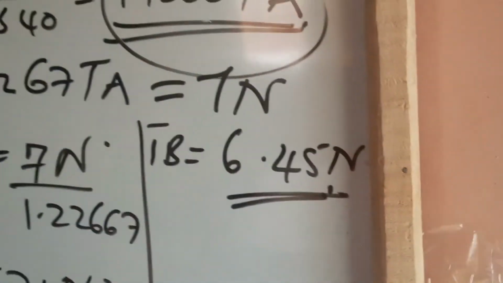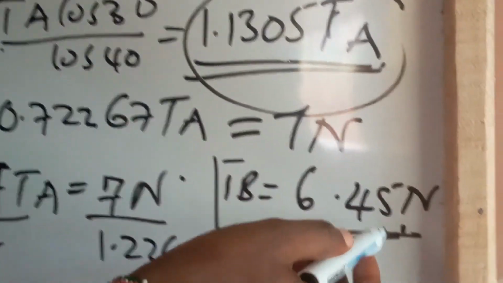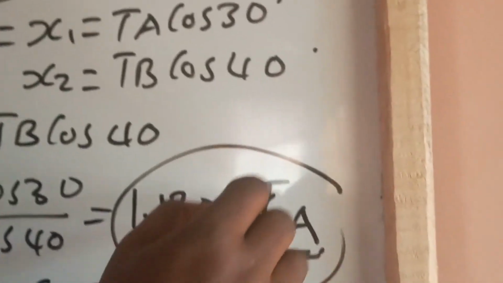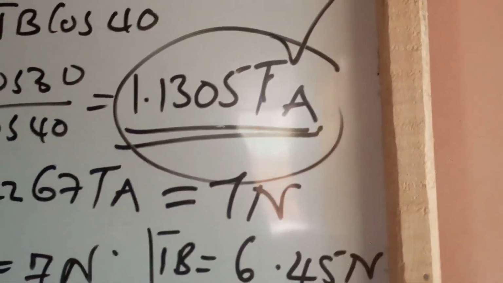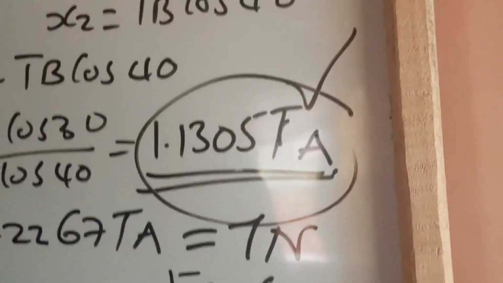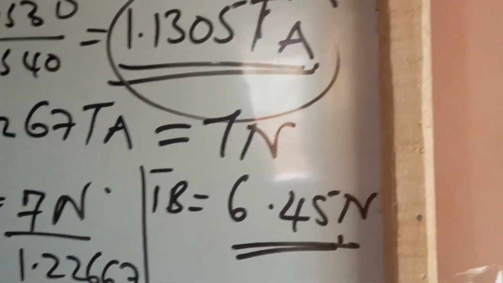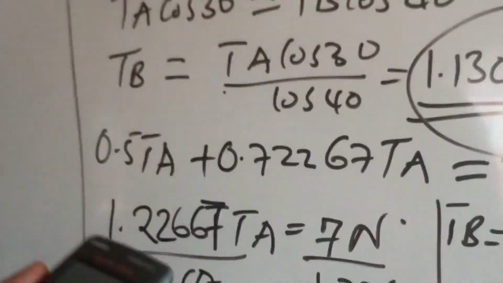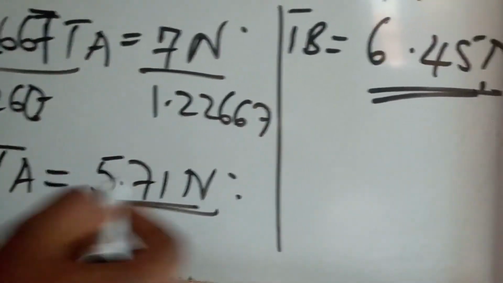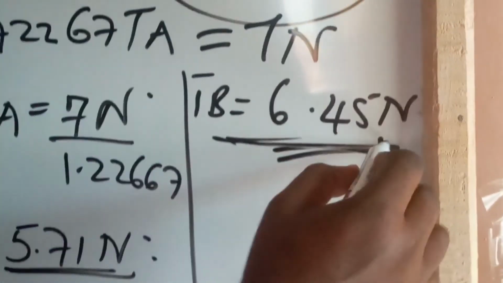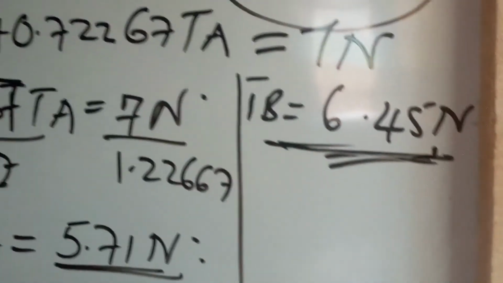You can already substitute 1.1305 times TA, which we know to be 5.71. 1.1305 times 5.71 is going to give us 6.45 newtons. So either way, you will get home.